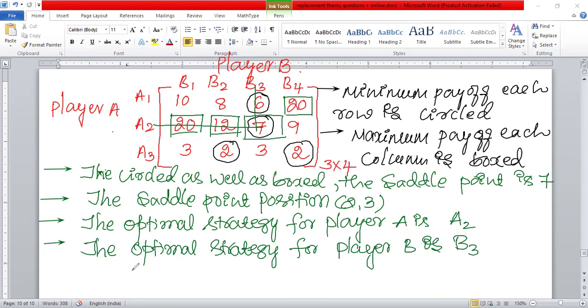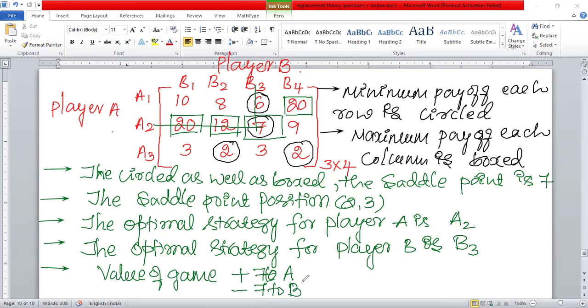So finally, the value of the game: plus 7 to A, minus 7 to B.